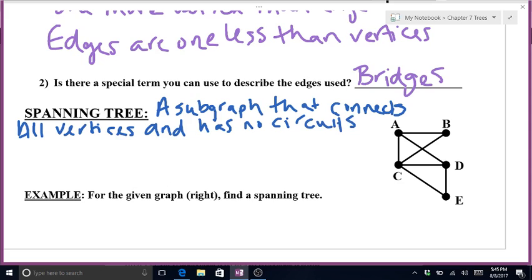So, in ultimate terms, we're trying to create a tree from our original graph.